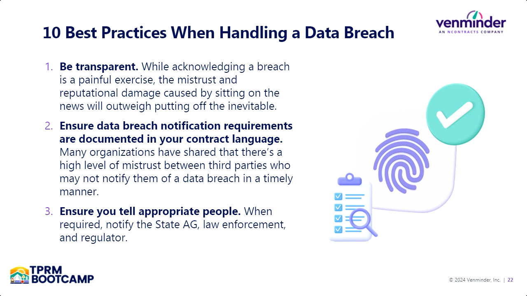So be transparent with the clients and customers, ensure that you have the most time on your hands as humanly possible, because you're going to have to tell the appropriate people as well. And this can be state AG, law enforcement, regulators, it depends on the industry you're in. And then understanding how you'll notify them is also very important.